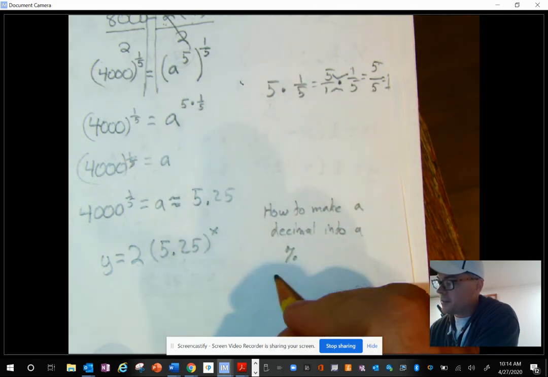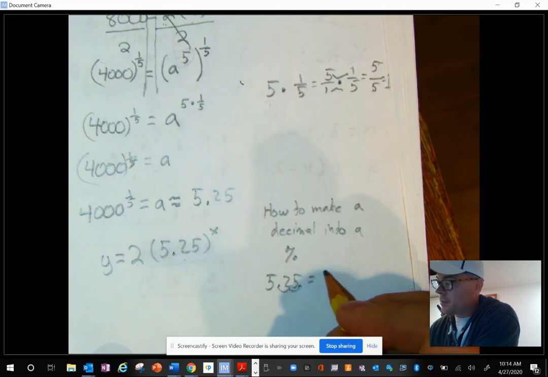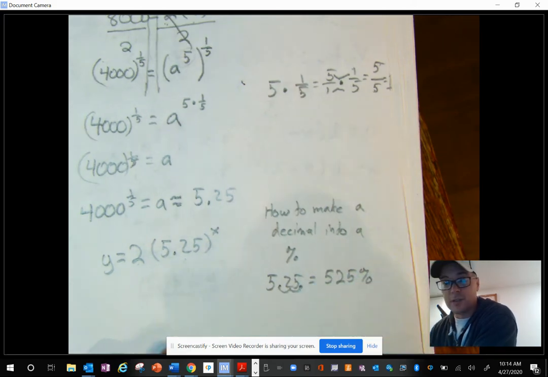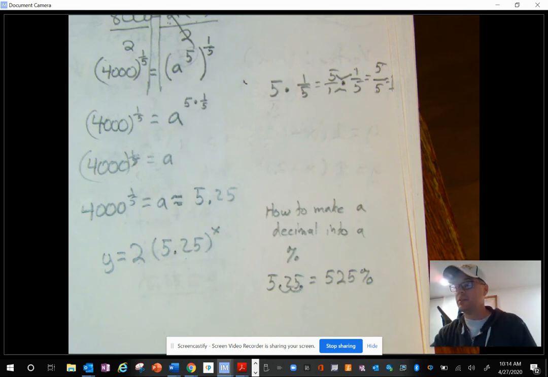I just take my 5.25 and I move the decimal over 2 places. So that equals 525%. So it's increasing by 525%. That is crazy exponential growth. That is why in only 5 years, 2 snails turned into 8,000.